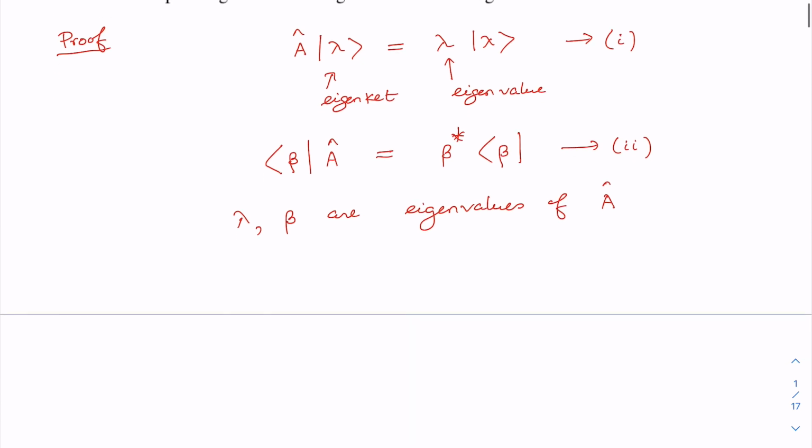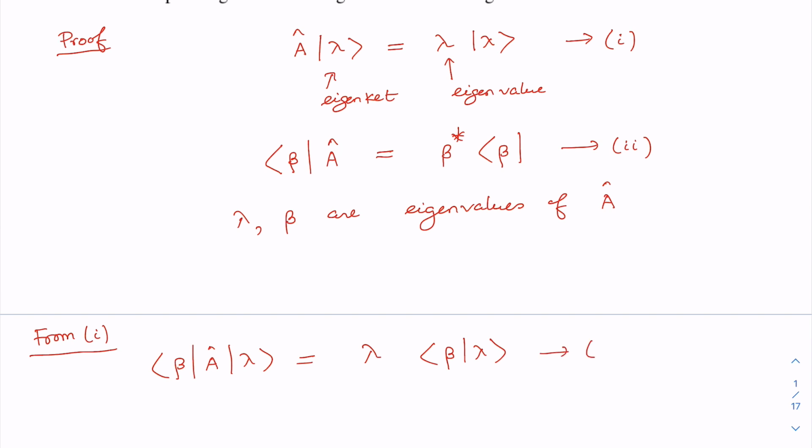Now let me multiply equation 1 on the left hand side by bra beta on both sides. So from 1 I have <beta|A|lambda>. Similarly I have to multiply the right hand side as well. Lambda is a number, so I have here lambda <beta|lambda>.